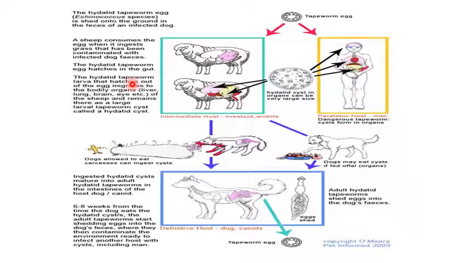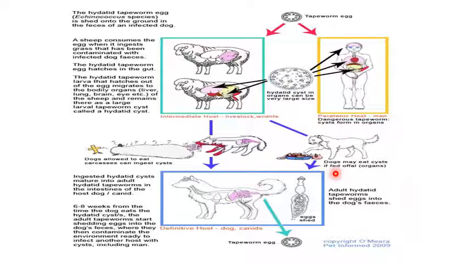The larvae that hatch out of the egg migrate to organs such as liver, lungs, brain, eye, etc. of the sheep and remain there as a large larval tapeworm cyst called hydatid cyst. Also, this is a hydatid cyst, and it can be very large in size, as here in man, where the locations found, as we mentioned before, are brain, lungs, liver.